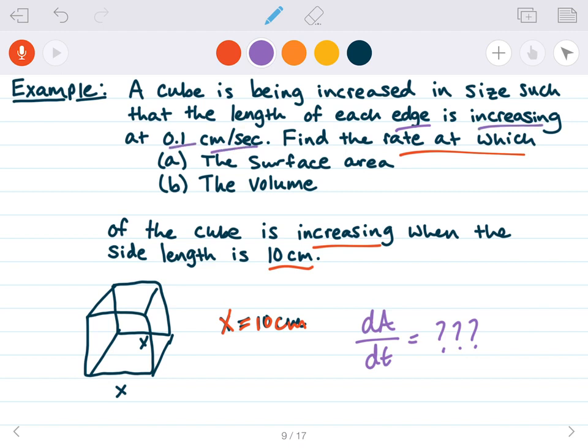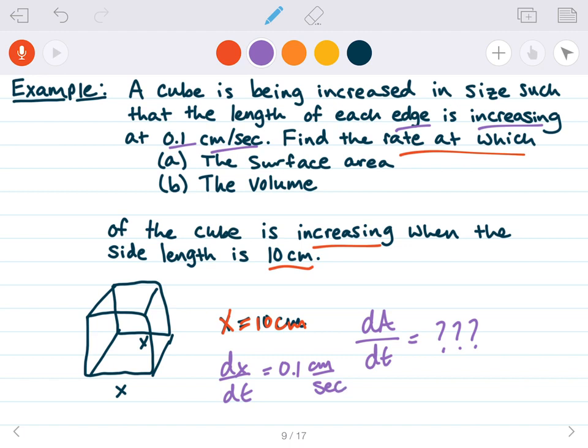So what does that tell us? What's changing? X is changing. So that tells me that dx, the change in x with respect to time, is 0.1 centimeters per second. Okay, and I think that's all the information we have.